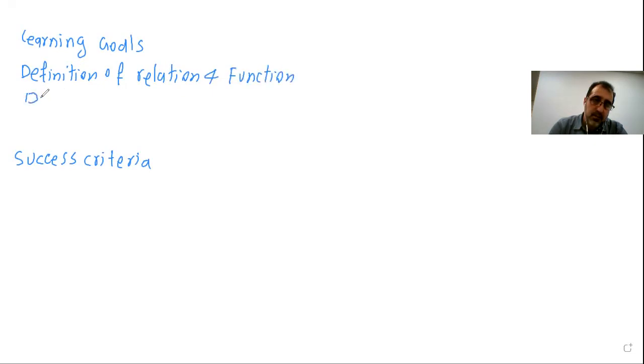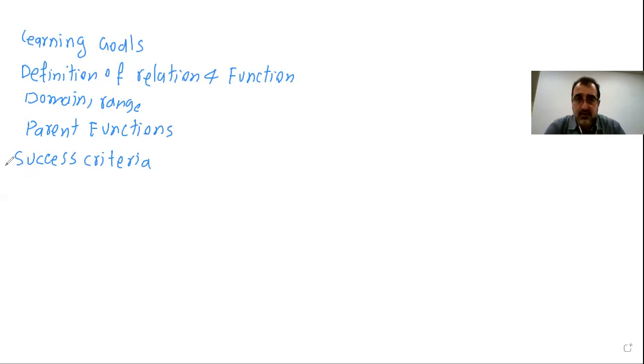Domain. Range. And parent functions. Success criteria, I'm writing in student language. I can define function.